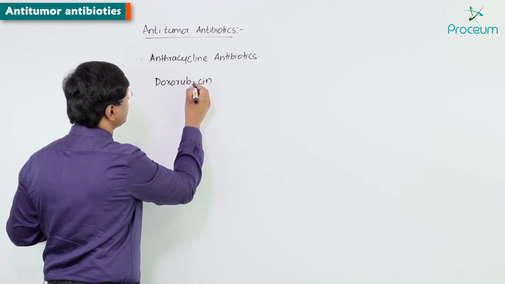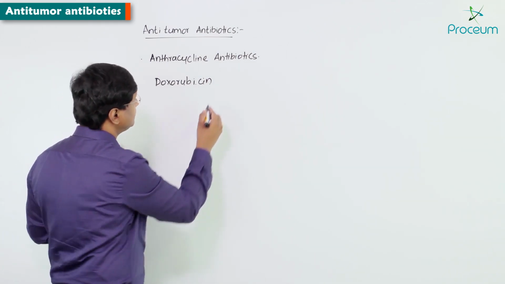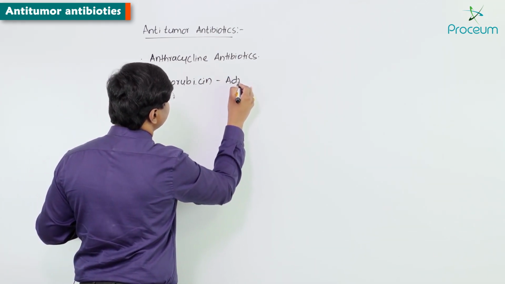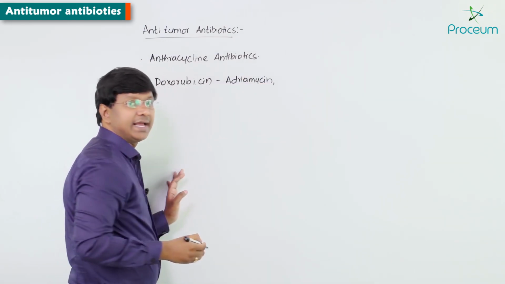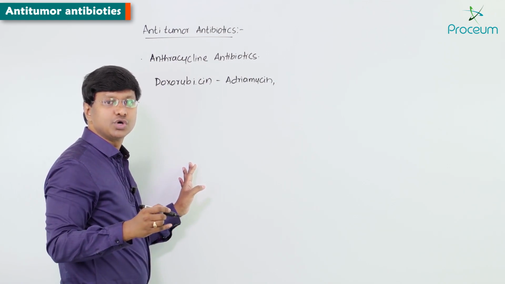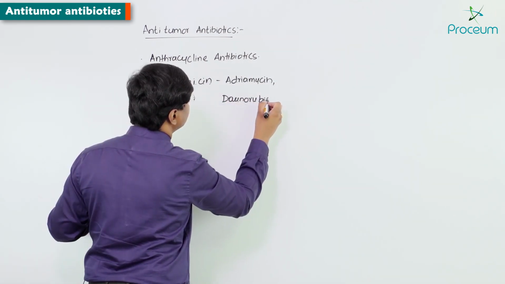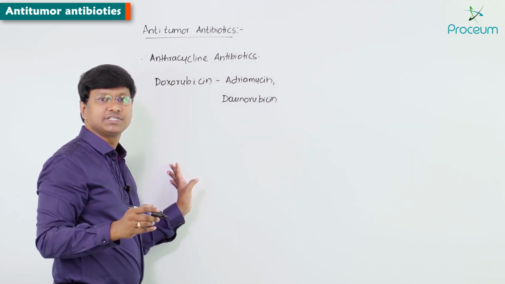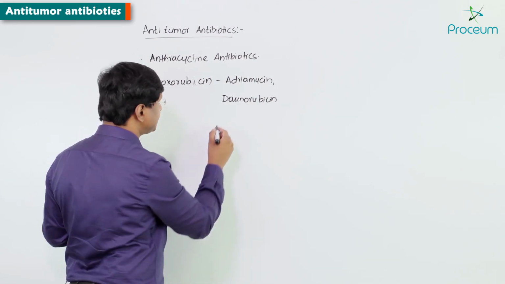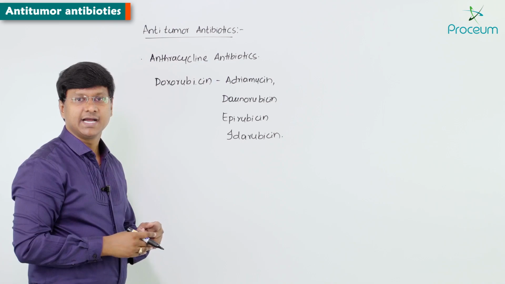Now what is this particular doxorubicin group of drugs? Doxorubicin, also known as adriamycin, and we have other drugs called daunorubicin, epirubicin and idarubicin.